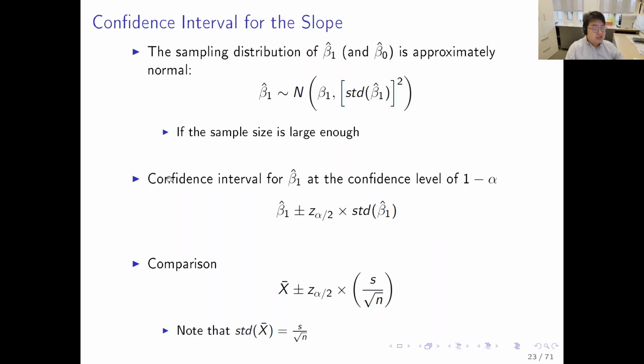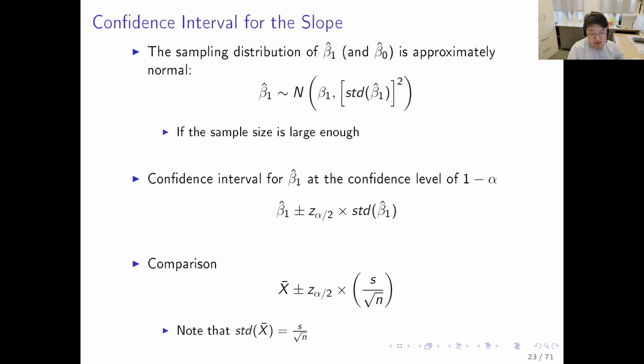And the confidence interval is pretty straightforward. If you remember the original formula, point estimator plus minus z alpha over 2 times the standard error of the estimator. The reason we have S over square root n is because this is the standard error of this estimator. The standard error of the estimator takes this form, so we use that here. Now the point estimator is beta 1 hat.